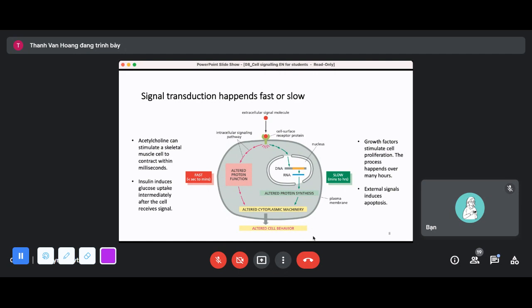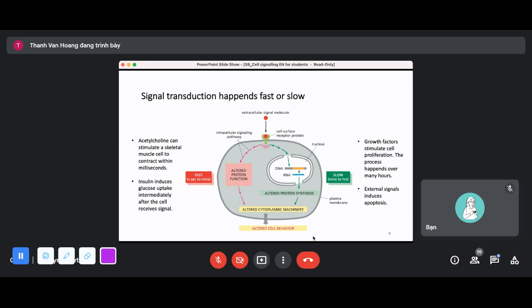On the other hand, we also have other signals. When the cells receive the signal, the cell will give a response, but with a delay. It happens after some minutes to hours or sometimes days.